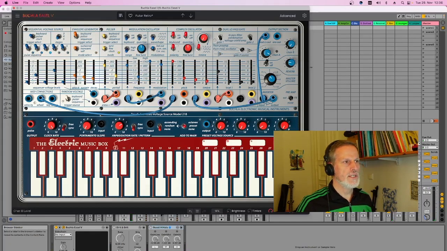Also on a side note, channel B is turned down here. The modulation oscillator is running at such a slow speed that you can't even hear it if you turn that up. I turn channel A, the complex oscillator, down, and I play the keyboard and you hear nothing. If I turn that frequency up, you should hear.